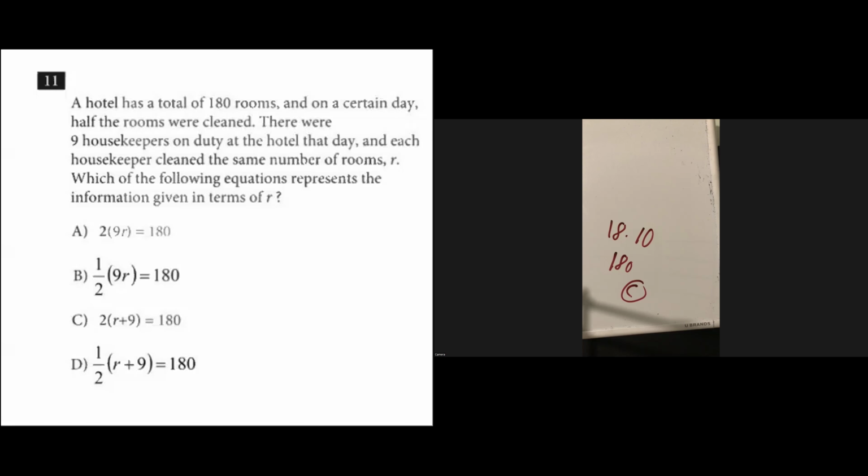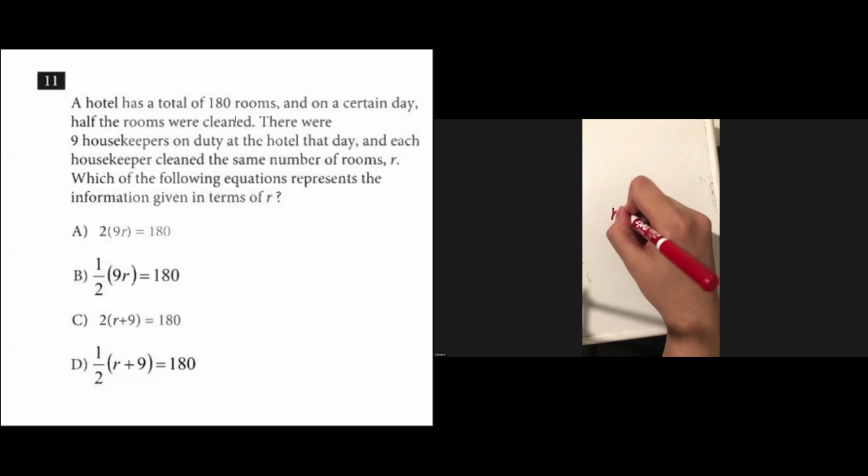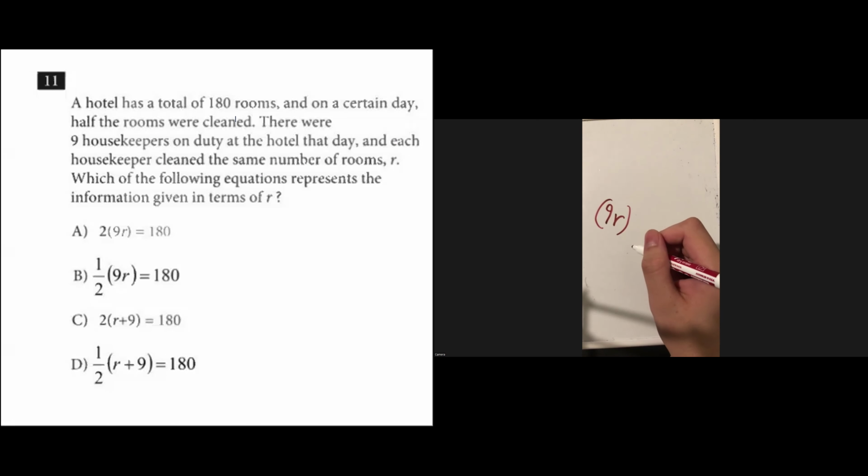Okay, so for this one, we're told that each housekeeper will clean the same number of rooms, R. So R is the number of rooms that were cleaned. So R times the number of housekeepers, which is 9, so 9R. And we're told that half of the rooms were cleaned.